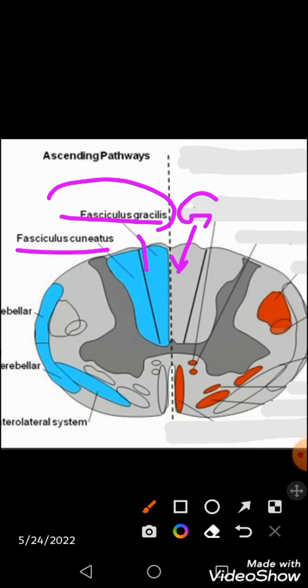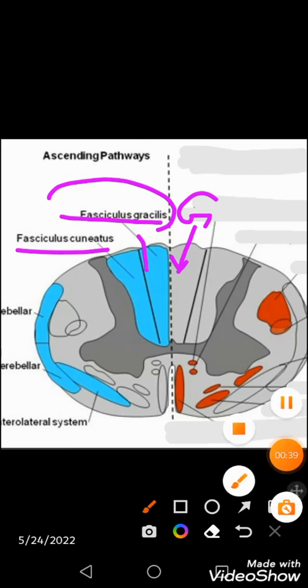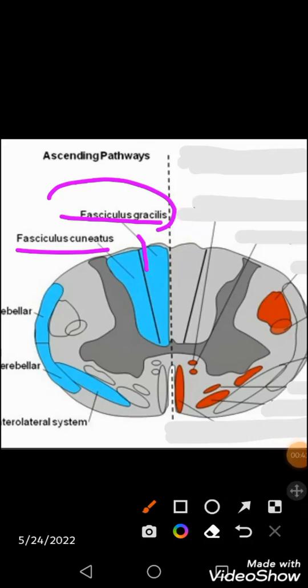The spinal nerves giving information to it are the sacral nerves, lumbar nerves, and the lower 6 thoracic nerves, right? Now let me clear the concept regarding the fasciculus cuneatus.